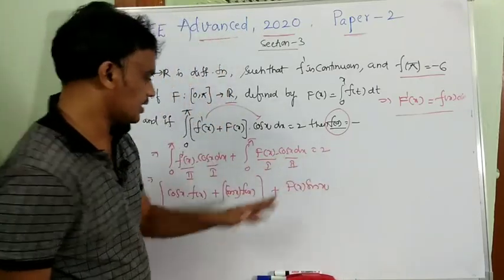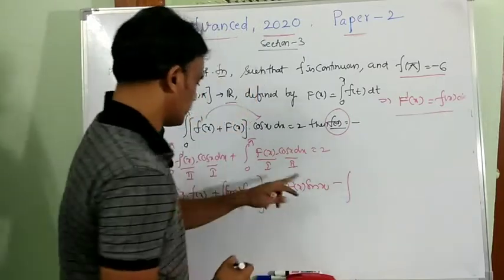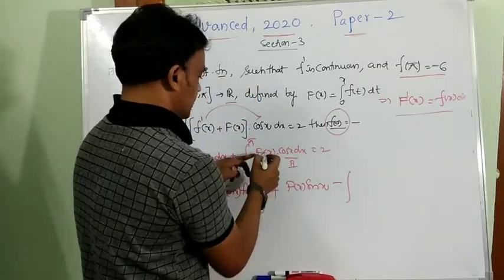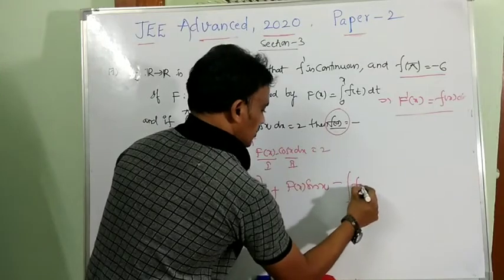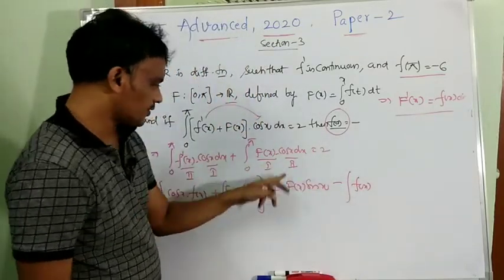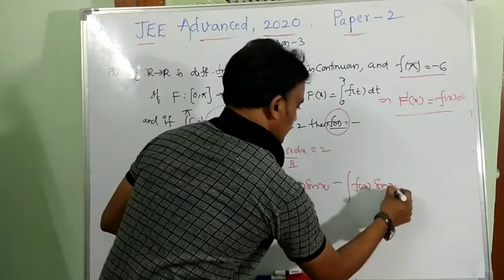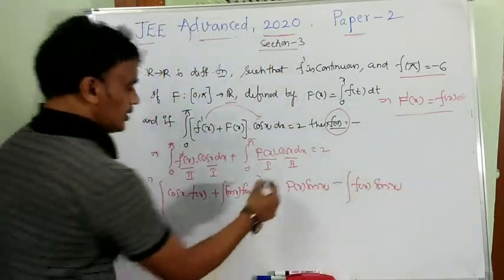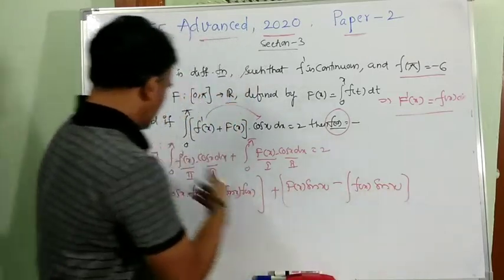For the second part, capital F of x into the integration of cos x, which is sin x, minus the integration of capital F dash of x, and capital F dash of x means small f of x, into sin x. This will be there by using integration by parts. Afterwards we will apply the limits.